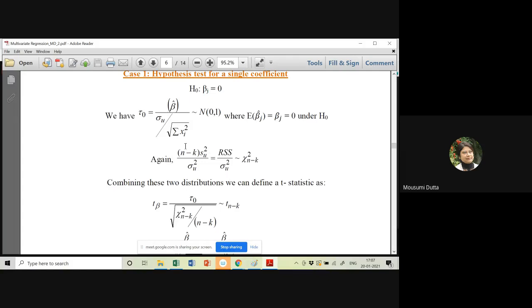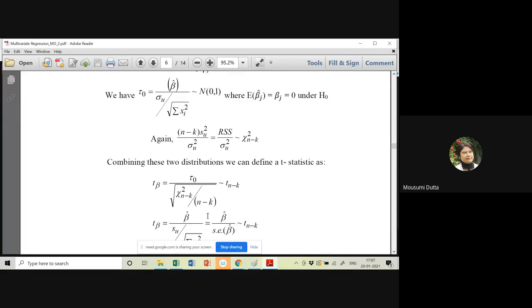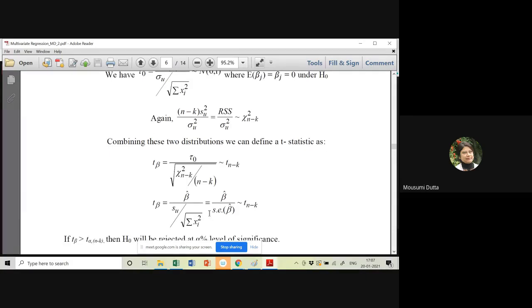And in the denominator, we will put n minus k s_u square by sigma u square for making an adjustment, so that we are getting tau divided by root over chi-square divided by degrees of freedom. And finally, this can be presented as beta hat by s_u root over summation xi square, or root over s_u square by summation xi square. So beta hat divided by standard error of beta hat, which is following the t distribution.